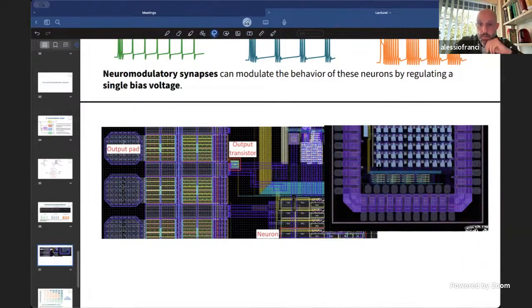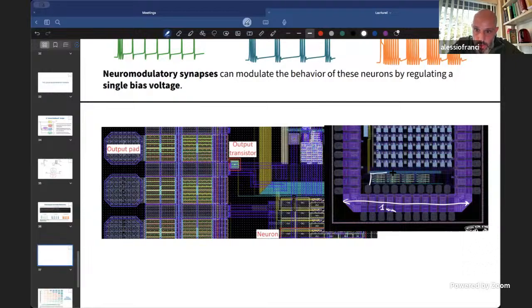So to give you an idea of the sizes, what we are looking at here, well, let me change color. This is more or less 1 millimeter. This whole site, and other students lend us some space on this chip, but this is another project.